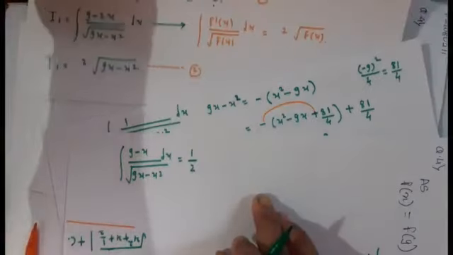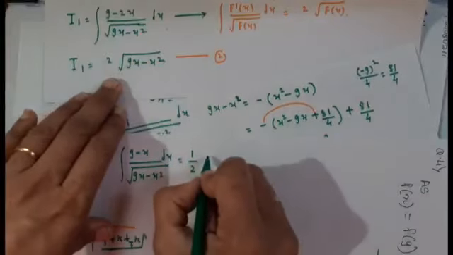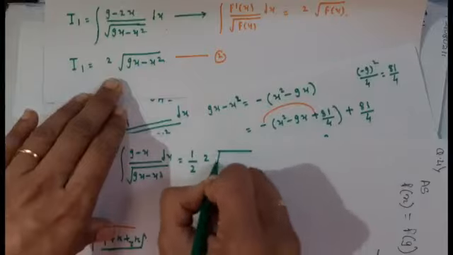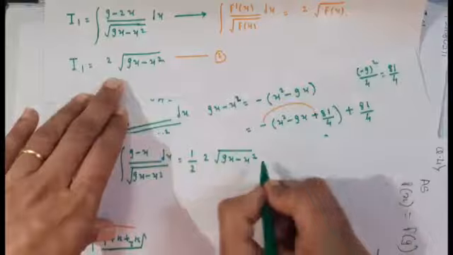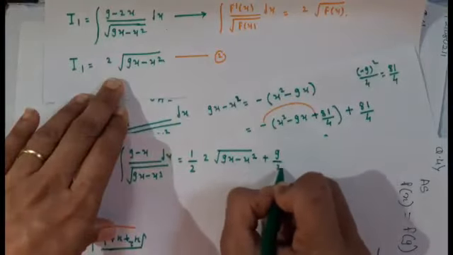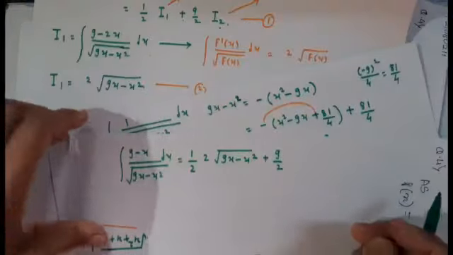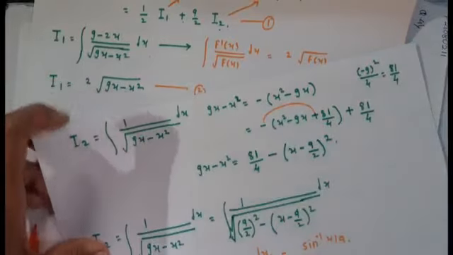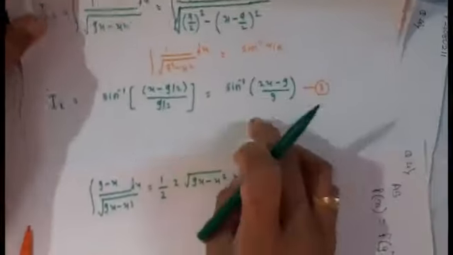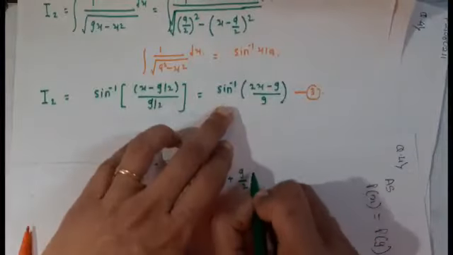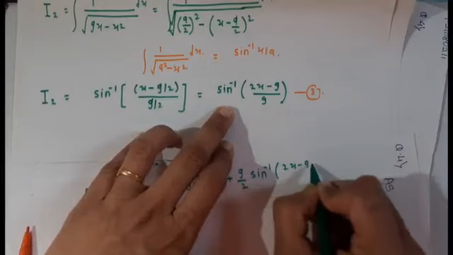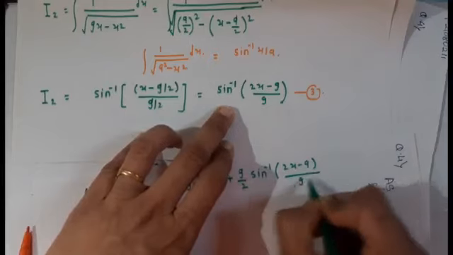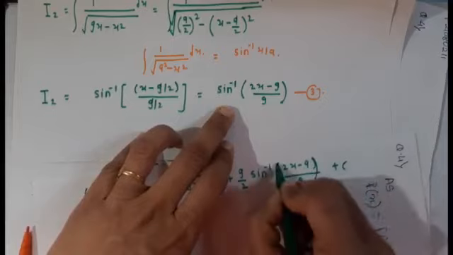What is the value of I1? The value of I1 is 2 into square root of 9x minus x square plus 9 by 2, the value of I2. The integration I2 we have found out, that is sine inverse of 2x minus 9 upon 9 plus constant of integration c.